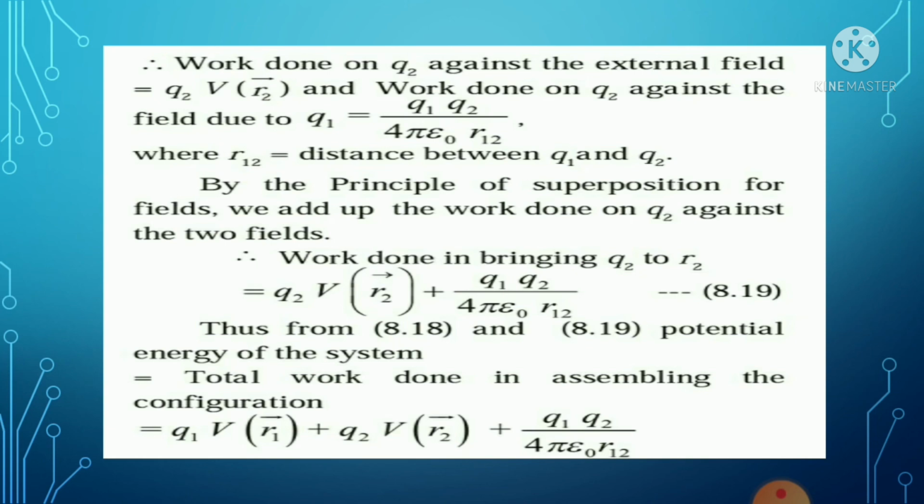Thus, from equation 8.18 and equation 8.19, potential energy of the system equals total work done in assembling the configuration, equal to Q1 V of R1 bar plus Q2 V of R2 bar plus Q1 into Q2 upon 4 pi epsilon 0 into R12.